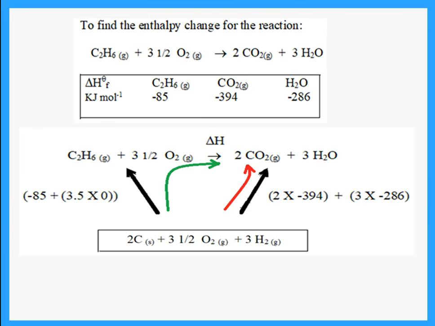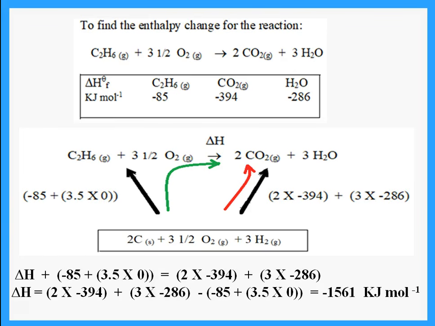So the green arrow, delta H plus the formation of C2H6 will be equal to the formations of CO2 and 3 water. I have 2 CO2s and I have 3 water. This is the equation, and that means I can solve for delta H.